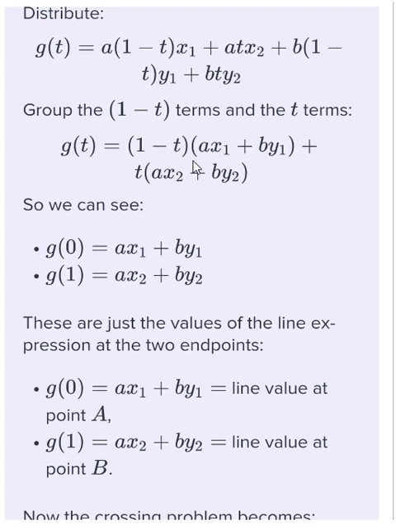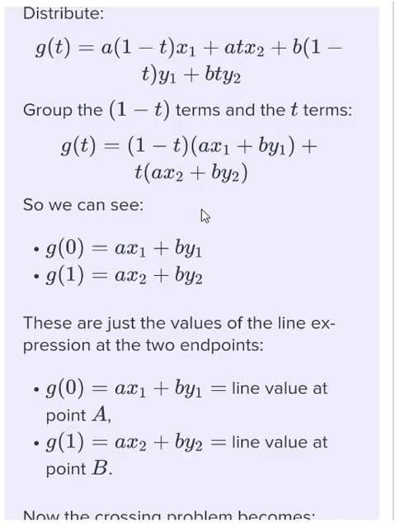Because we can get some value in the interval (0, 1) at which g of t is equal to 0, meaning the coordinates of that point satisfy the equation of the line, ax plus by equals 0. That's why the line crosses if they have opposite signs.